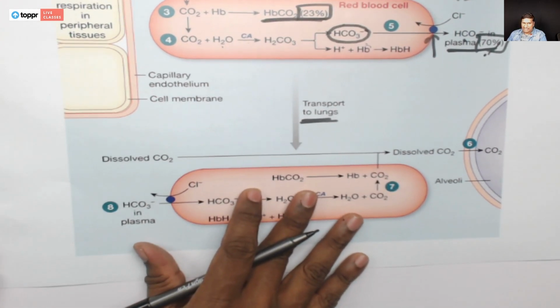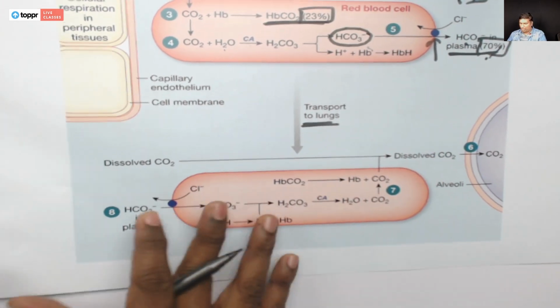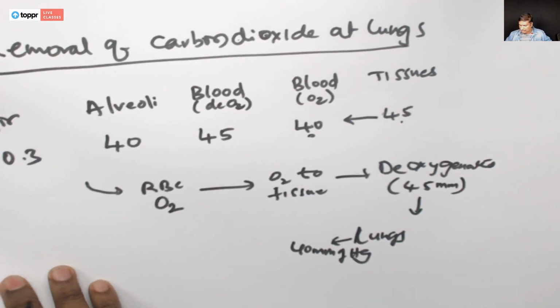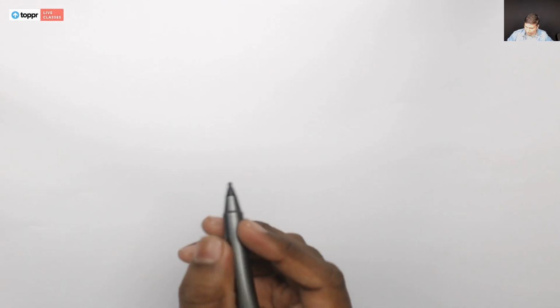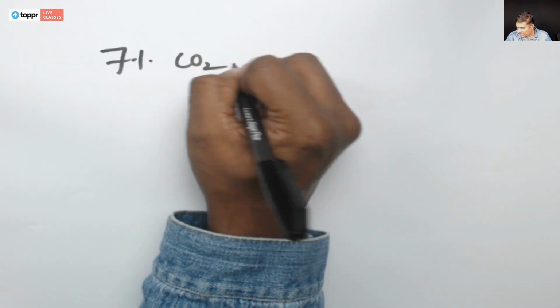Now what are the events that occur once all these three components reach the lungs? First, we have 7% of carbon dioxide in the plasma.